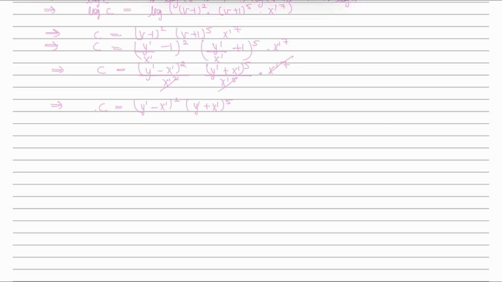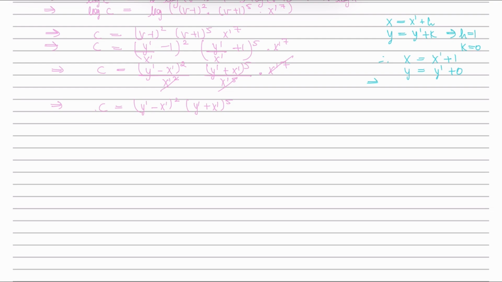Since we have used the value of y as y' plus k and the value of x as x' plus h, and then we have evaluated the value of h as 1 and k as 0, therefore the value of x will be x' plus 1 and the value of y will be y' plus 0.